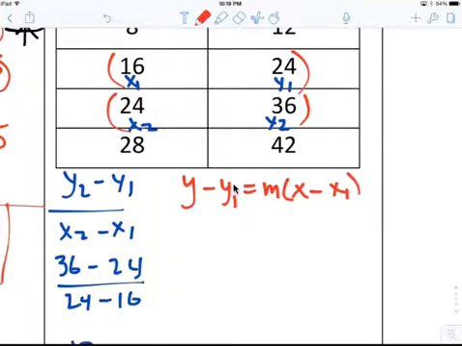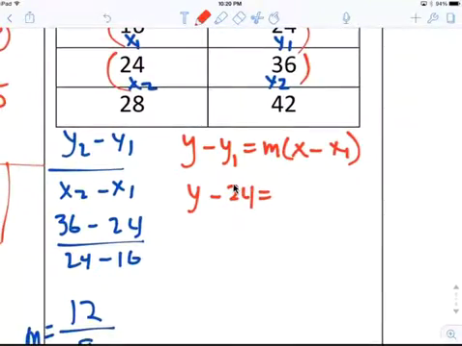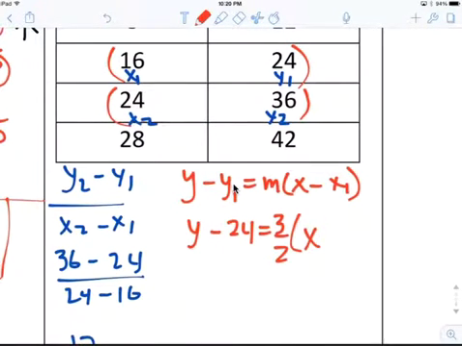So y minus 24 equals m, which is 3 over 2, a positive 3 over 2, x minus x1, which is 16. Okay, distribute. 2 here, that's an 8.